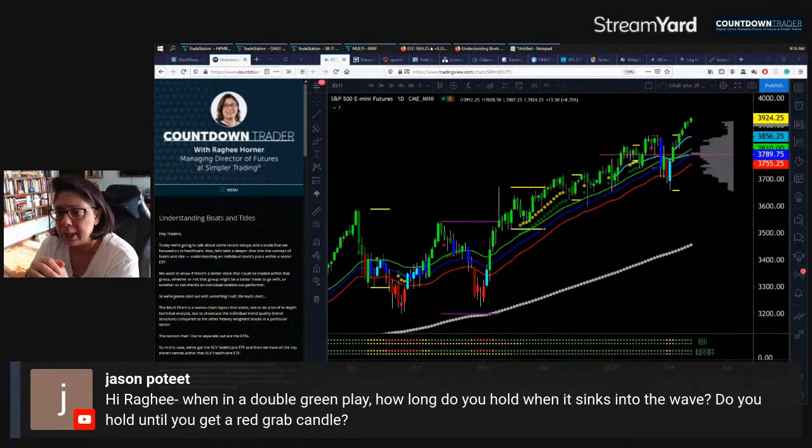So for sure, a red grab candle isn't going to necessarily shake me out of a trade, because remember, a broken uptrend is in fact not a downtrend. A broken uptrend is chop that carries with it a bullish bias. So it really depends on the budget and how much I'm willing to risk of it if and when it breaches the 34 period EMA on the low. So terrific question. Thank you.